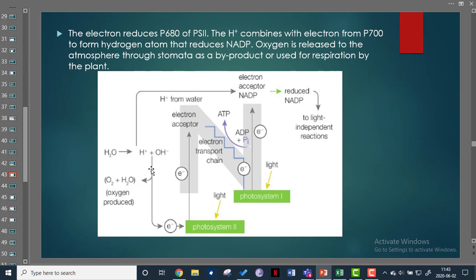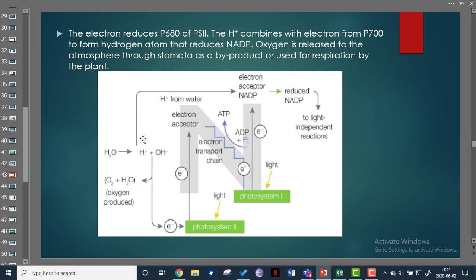These electrons that have been lost from here will be picked by photosystem 2 to replace those that had been lost in photosystem 2 and were used to replace those that were lost in photosystem 1.